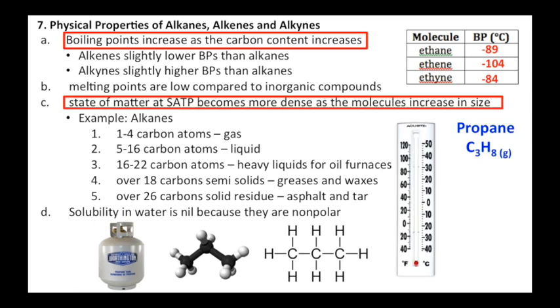Now, we're also going to talk about the state of matter here at standard ambient temperature and pressure, which is at 25 degrees Celsius. It becomes more dense as the molecules increase in size. Okay, so when we've got 1 to 4 carbon atoms, we have a low boiling point, and the state of matter is it's a gas.